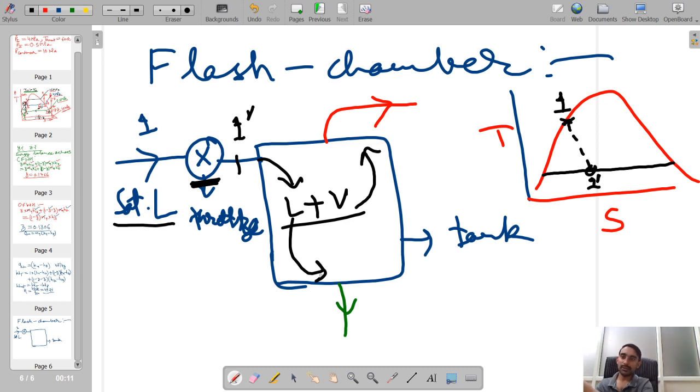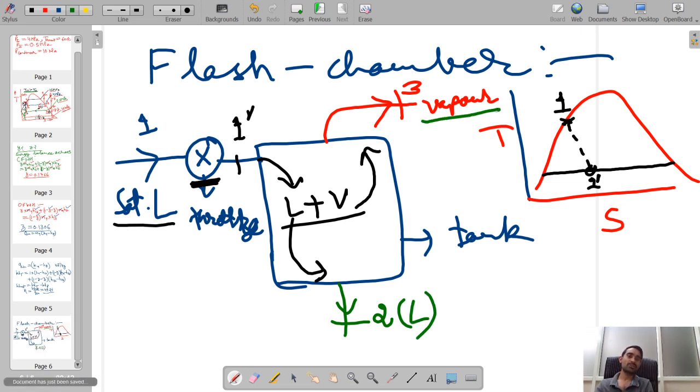So if we consider an outlet at the bottom, we will be getting a pure liquid, and from the outlet at the top of the tank we will be getting a pure vapor state. The pressure within the entire chamber will be the same.